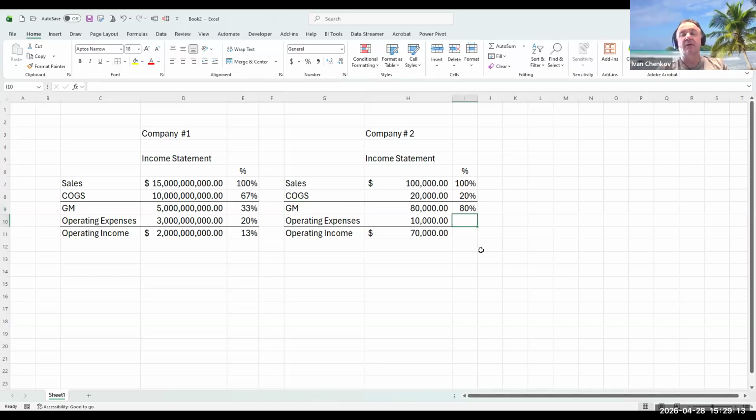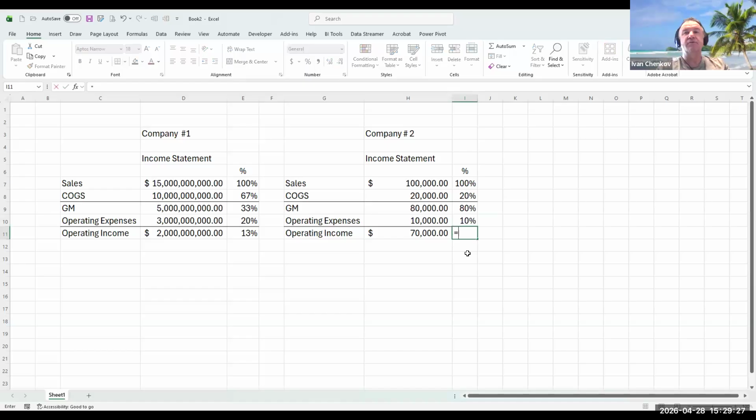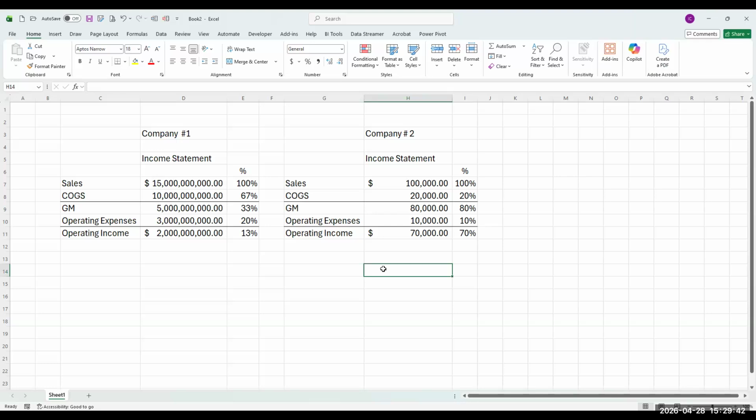Let's see now the operating expenses as a percentage. In which company are operating expenses relatively low? Two. Now the question is, which company is generating the highest operating income as a percentage? Two.